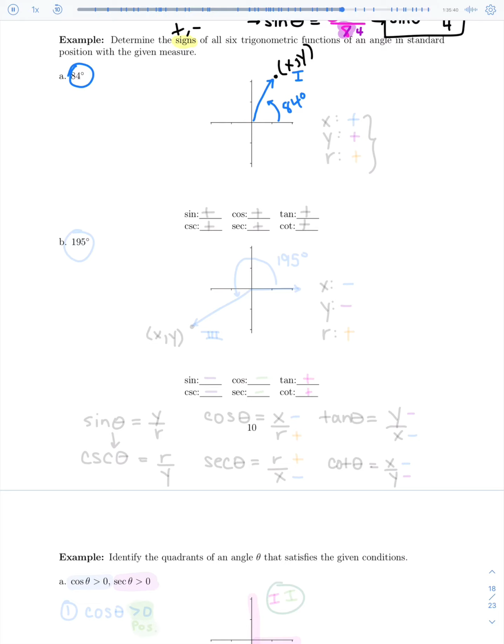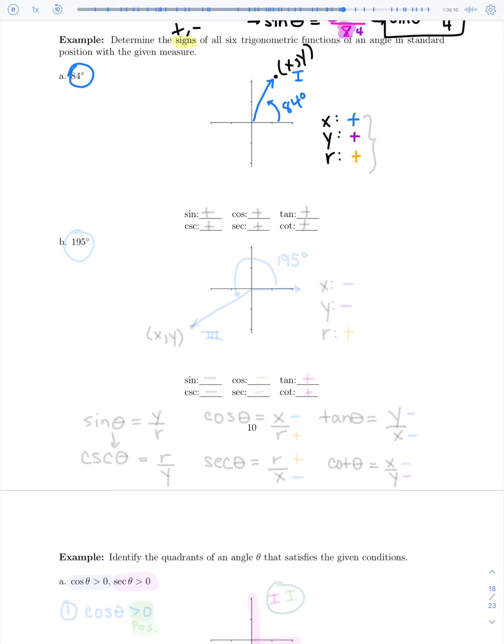So let's kind of list these out. We've got to worry about x, y, and r for our trig functions. Well, if you're in the first quadrant, x's are positive. We also know that y's are positive, and we also know that r is no matter what going to be positive, because it's got squareds and then we're adding 2 squareds, so you have to have a positive always with r.